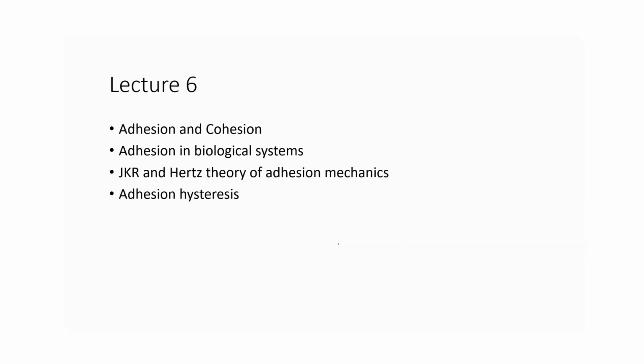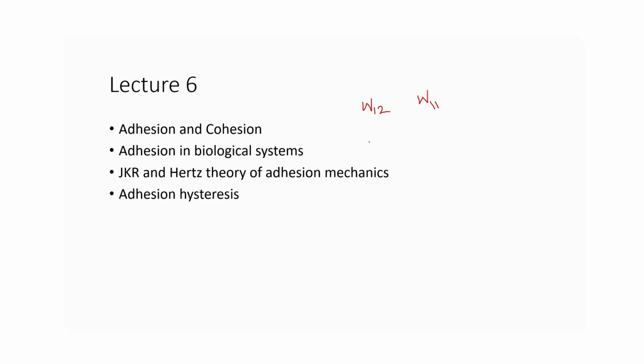Next, lecture 6 discusses work of adhesion and cohesion. Work of adhesion is basically work required to separate two different liquids, 1 and 2, whereas work of cohesion is work required to separate the same liquid, 1.